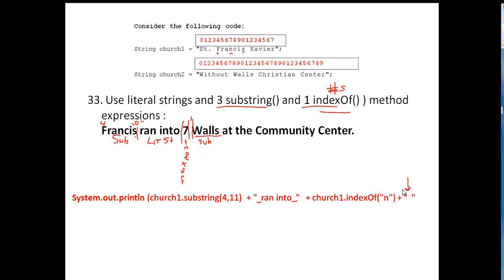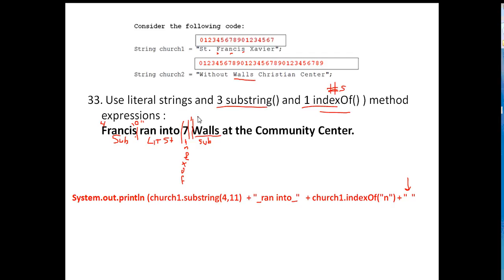So we have to do a plus and then quotation marks. Remember to use your pluses in between each thing that's going to be joined together to make this string. So this thing right here is a space in between quotation marks. The next thing is the substring to get walls. Walls, of course, is right here.